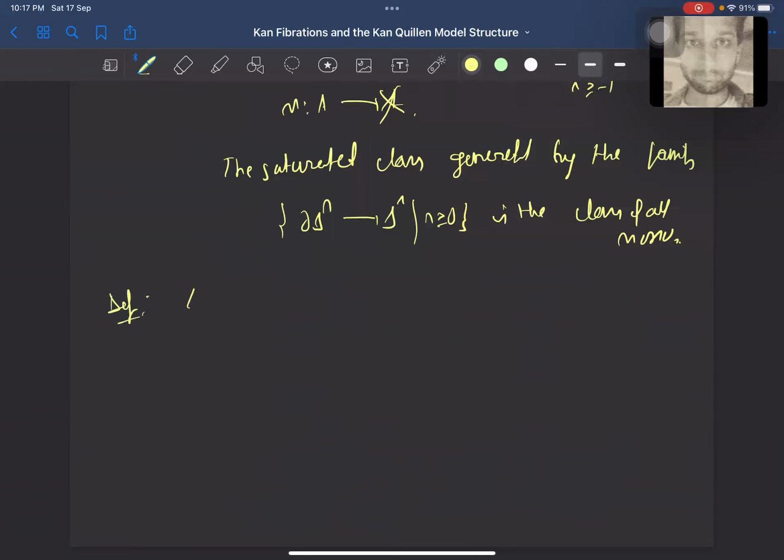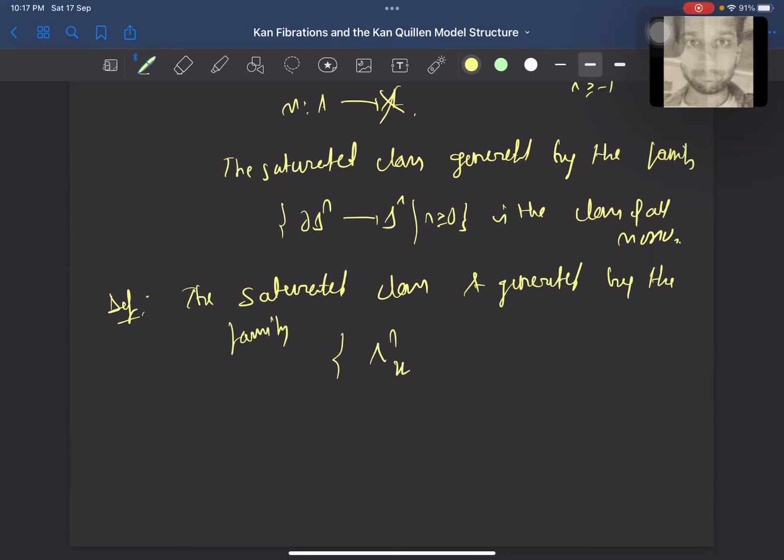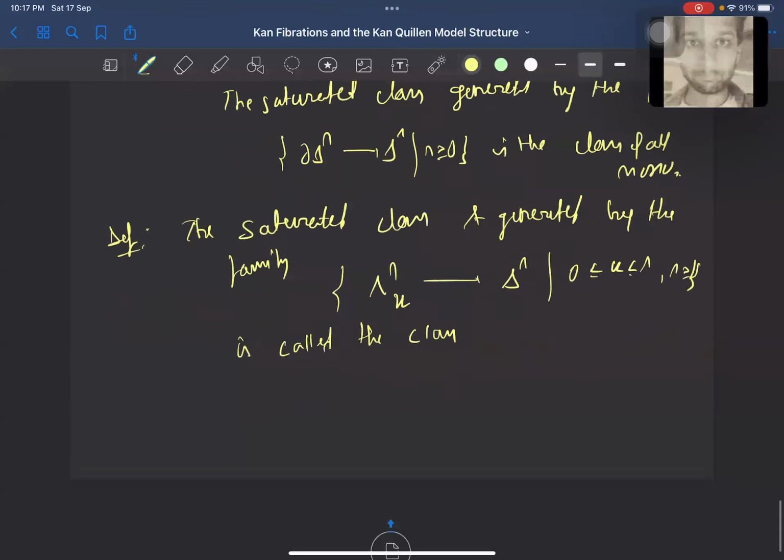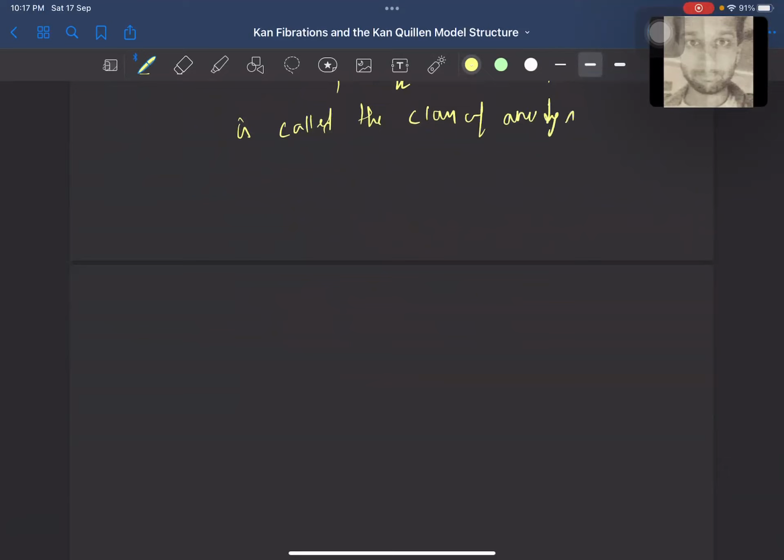The saturated class generated by this family of inclusions is called the class of anodyne extensions, denoted by, anything, doesn't matter, let me call it this.